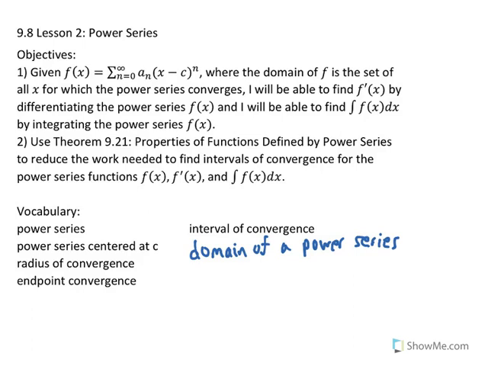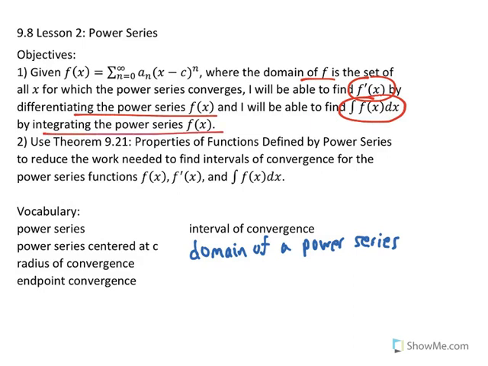Today we looked at these two objectives. Given a power series where the domain of f is the set of all x for which the power series converges, we were able to find the power series for f prime and the integral of f by differentiating and integrating the power series for f.